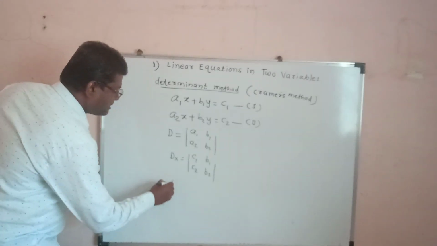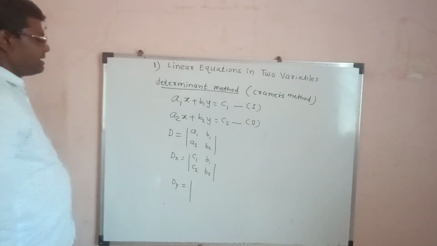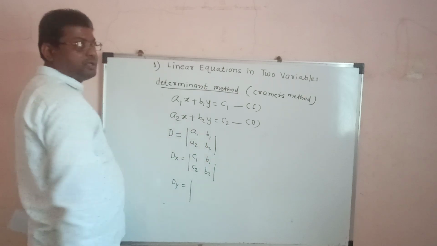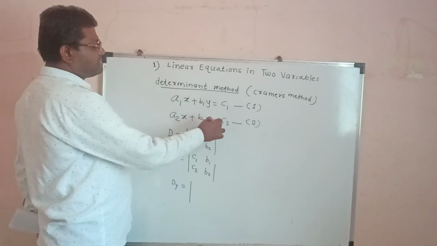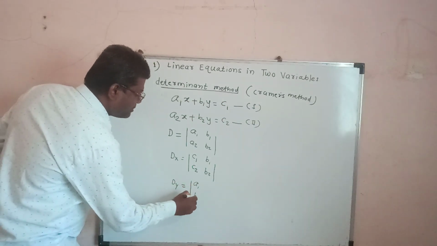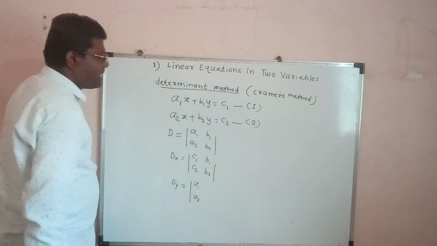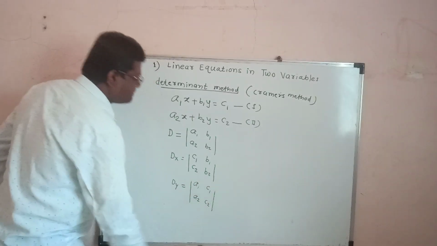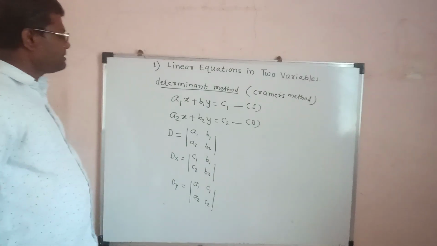Then we find the determinant Dy. In finding Dy, we replace the coefficients of y, that is b1, b2, by the constant terms c1, c2. Therefore, we write a1, a2 in the first column and c1, c2 in the second column. In this way, we find three determinants.